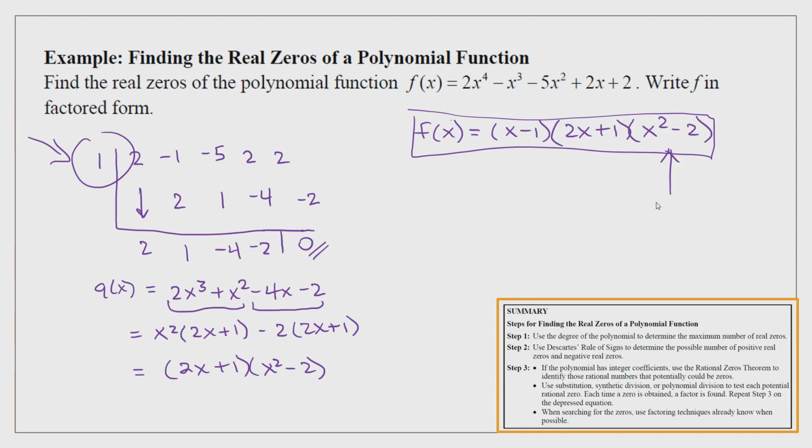All right, no real solutions. So we keep it as x squared minus 2. Okay, so the real zeros of f would be x equals 1 and x equals -1/2. These are the zeros of f.